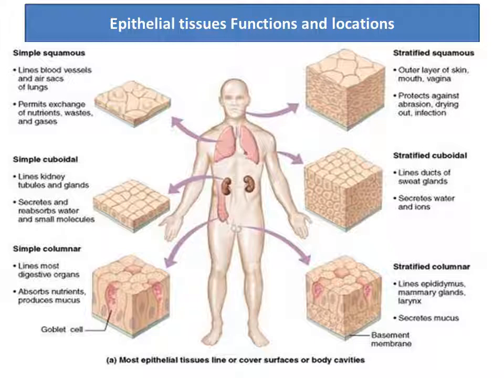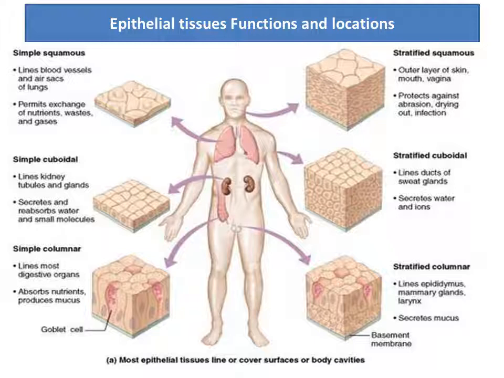Stratified squamous. It is present in the outer layers of the skin, mouth, etc. What is its role? It protects us against abrasion. What is abrasion, children? It's cuts, drying and other kinds of infections. Stratified cuboidal.